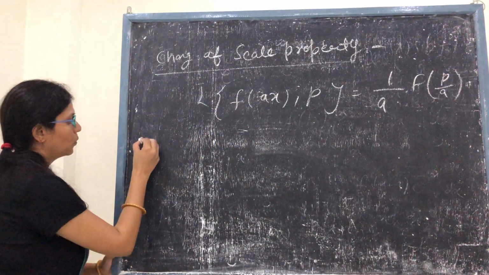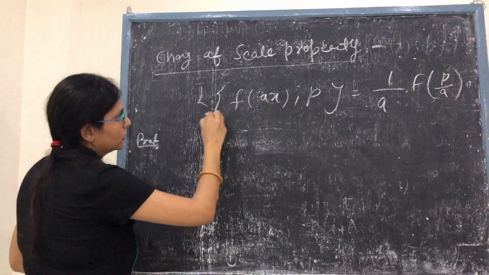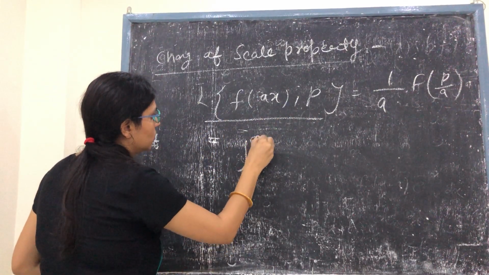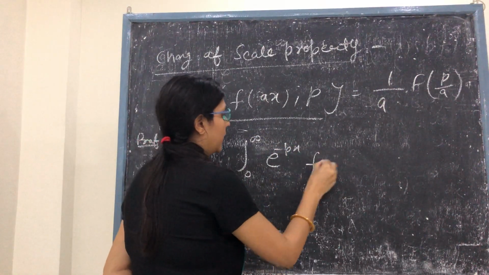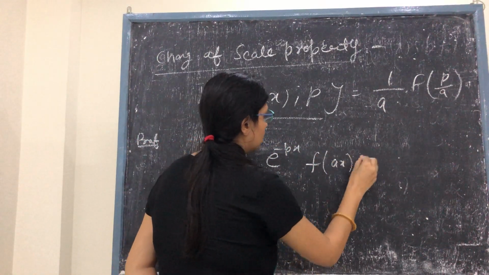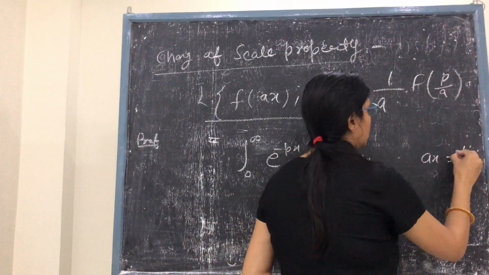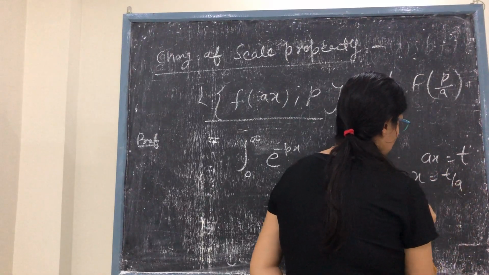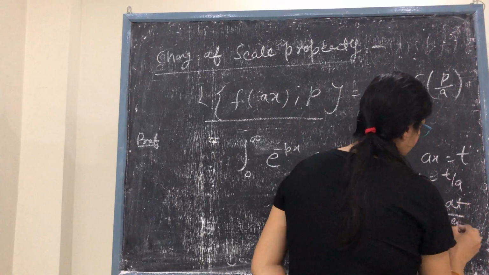Now we will prove this using the definition of the Laplace transformation. We can write it as the integral from 0 to infinity of e to the power minus px f of ax dx. Let ax equal t, then x equals t by a and dx equals dt by a.